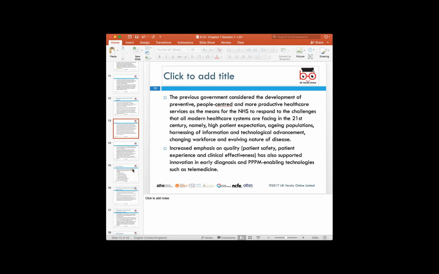came about and why it has been implemented, because this helps the NHS to respond to some of the challenges because of the advancement in healthcare, the introduction of technology which has enabled the detection of some of these disorders and diseases.